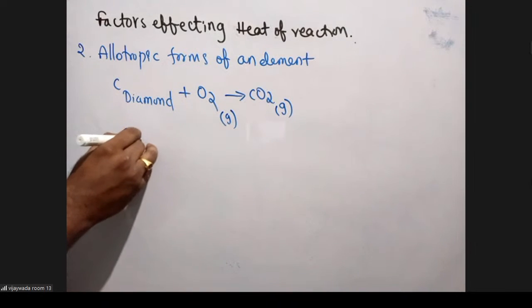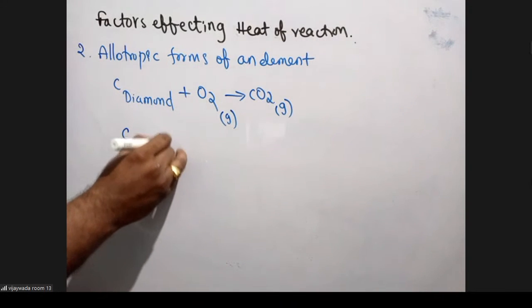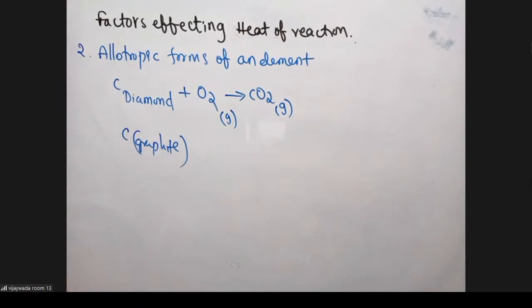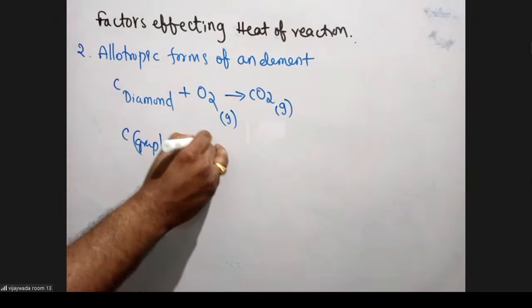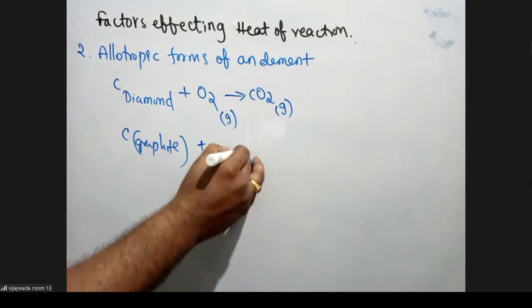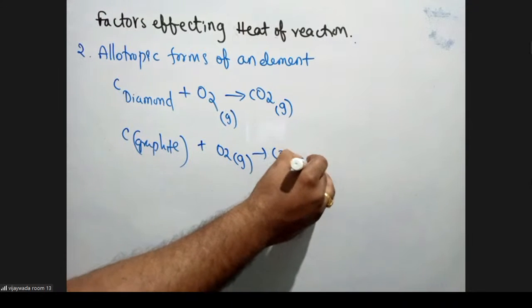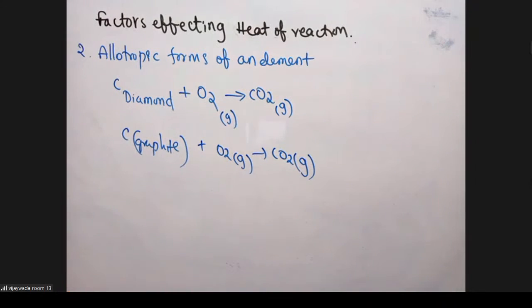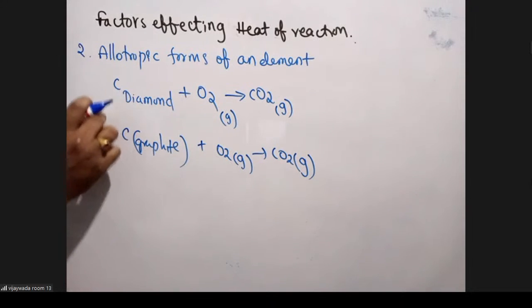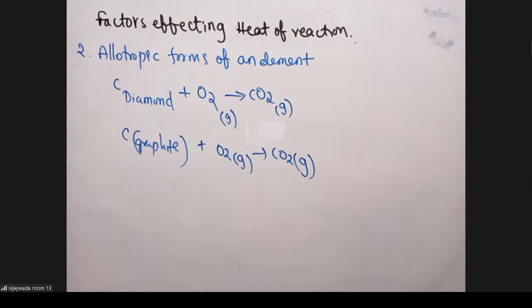The same carbon in graphite form, another allotropic form of carbon, reacts with oxygen to give carbon dioxide. The reaction is the same and the products are also the same. The carbon we are taking is in different allotropic forms.